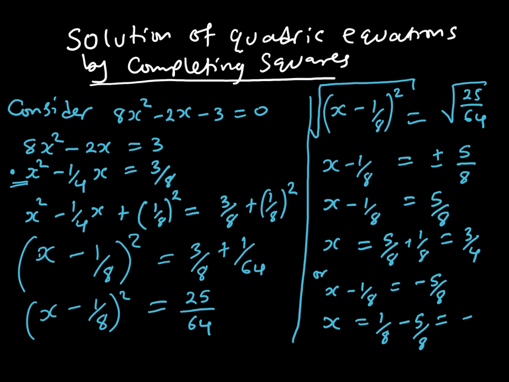That is negative 4 over 8, and that's negative a half. Okay, so therefore x equals 3 over 4, or x is equal to negative a half. And I've got the two x values. You have solved the quadratic equation by completing squares.